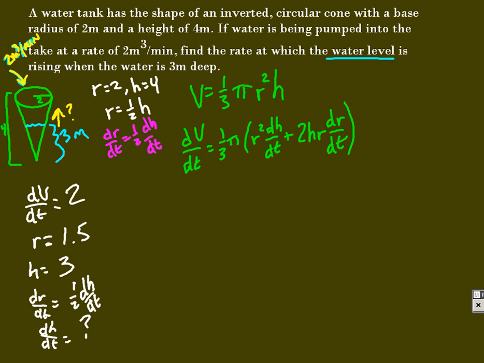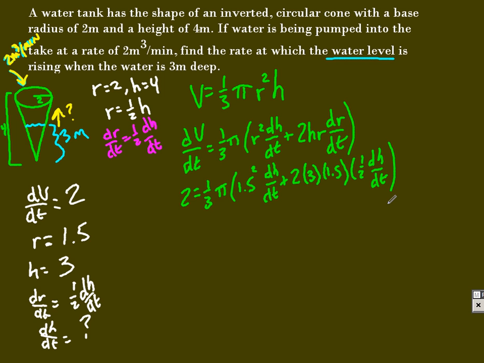So when I plug them in, I'm going to get dV/dt is 2, 1/3 times pi, r, the radius is 1.5, I'm going to square it. dh/dt is an unknown, we're keeping it as that, plus 2 times the height is 3, the radius is 1.5, dr/dt we said is 1/2 dh/dt.